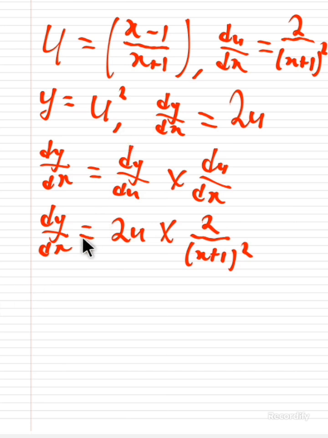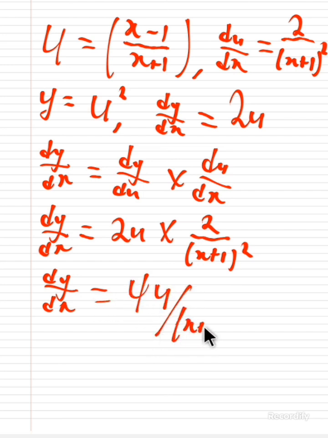So this now tells us that our dy dx is equal to 4u over x plus 1 all squared. Now I can substitute the value of u back. The value of u is x minus 1 over x plus 1.